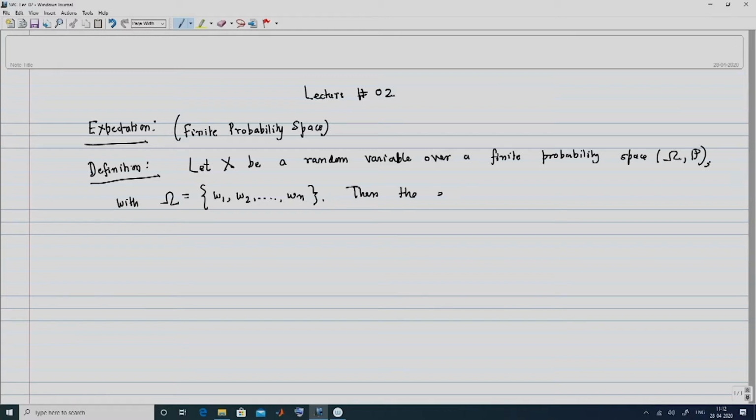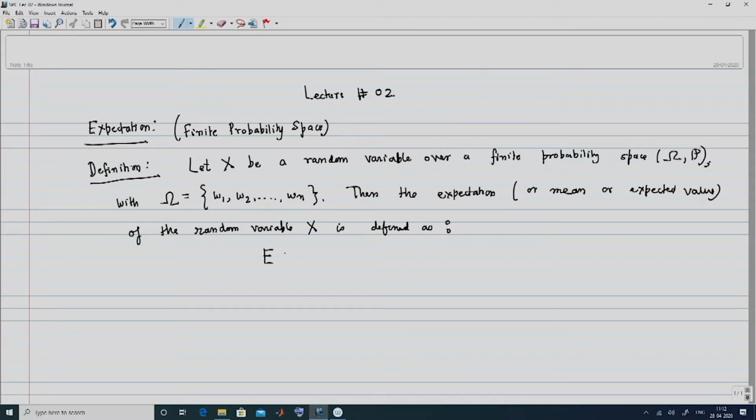Then the expectation, or sometimes we call it mean or even expected value, of the random variable X is defined as E of X with a subscript P to indicate the probability measure, and this will be given by the summation of X of omega i, that is the value the random variable takes for omega i, times the probability of omega i, summing over i equal to 1 to n.